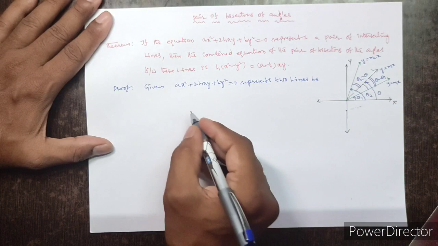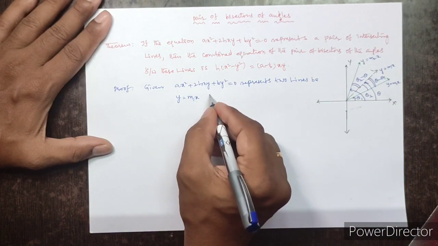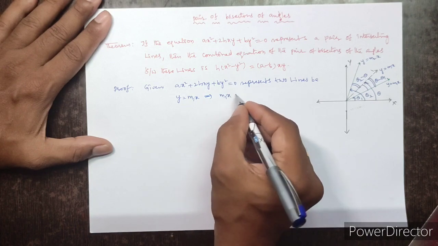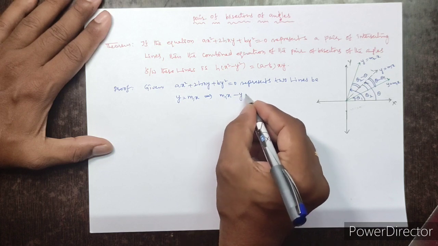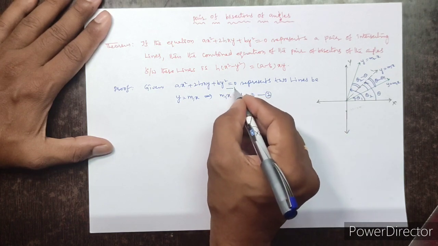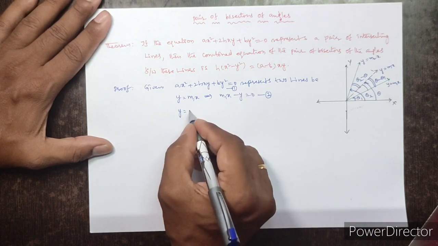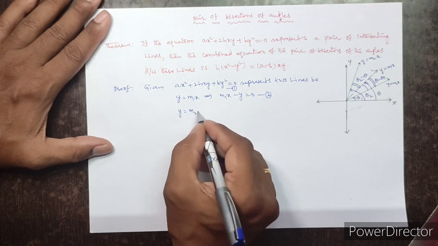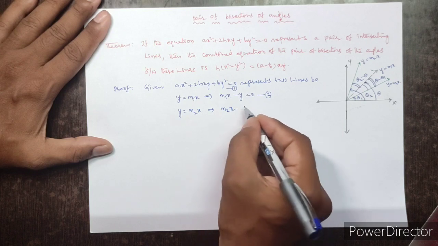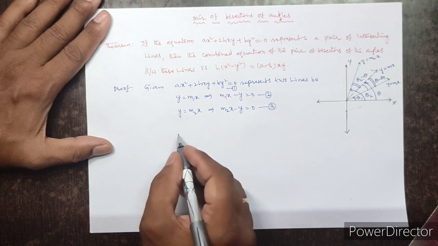The first line is y equal to m1x, that can be written as m1x minus y equal to 0, this is equation 2, and this is equation 1. Next, the second line y equal to m2x can be written as m2x minus y equal to 0, this is equation 3.